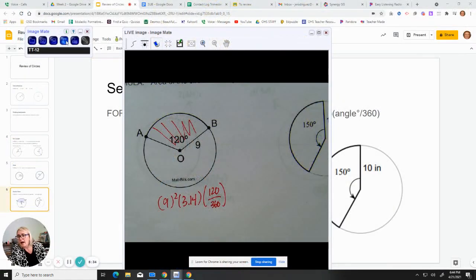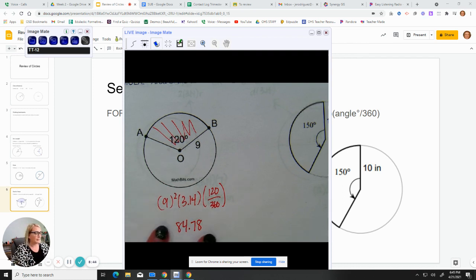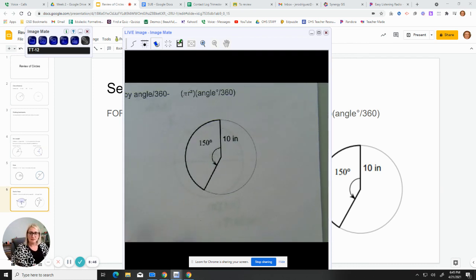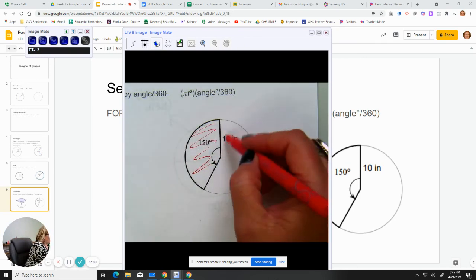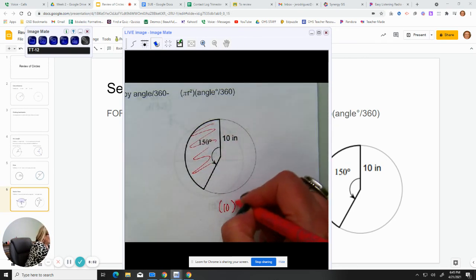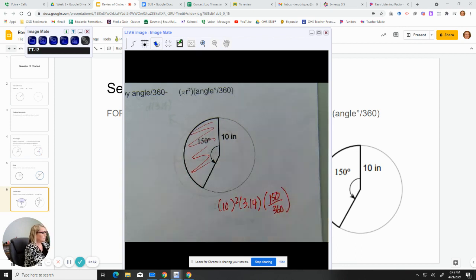And again, if you are not following along and making sure that your measurements end up like my measurements, I would highly recommend it so that you can see if you're plugging something in wrong. And then lastly would be this one. Again, we're looking for this part of the circle. We have our radius of 10, so pi r squared, and then 150 over 360 for that chunk of the circle.